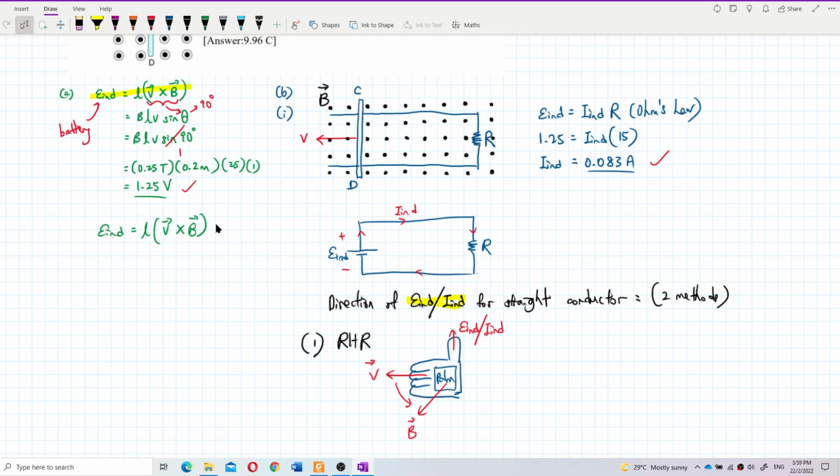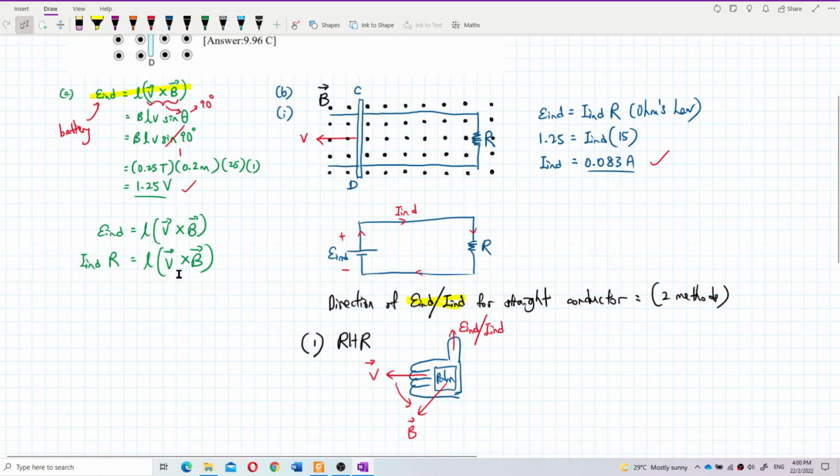E induced is equal to IR, so E induced is also I induced R, equal to LV cross B. That's why the direction of induced EMF is also the direction of induced current. So when the thumb shows the direction of induced EMF, it also shows the direction of induced current.